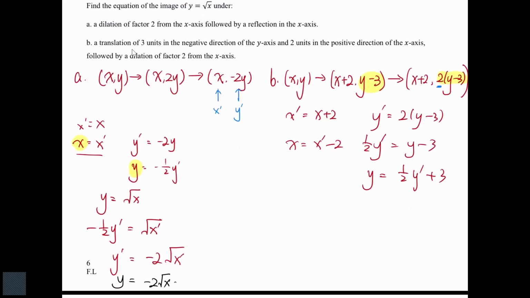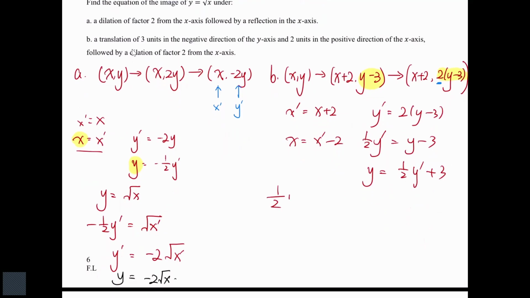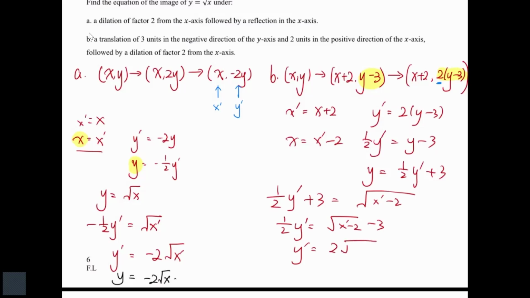We can then replace the original x and y with x dash and y dash. We can rewrite that into a half y dash plus 3 equals the square root of x dash minus 2. Then we can rearrange the equation. Minus 3, y dash equals 2 times the square root of (x dash minus 2), and then we times everything by 2.